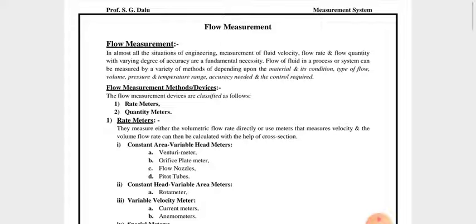Okay, so flow of fluid in a process or a system can be measured by a variety of methods depending upon the materials and its condition. Means what type of fluid is there, or which conditions are there.